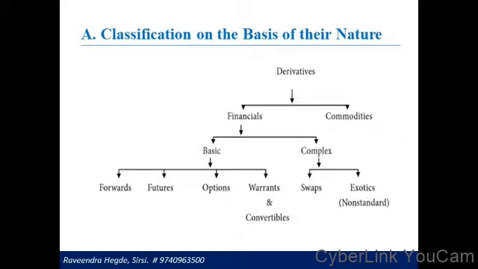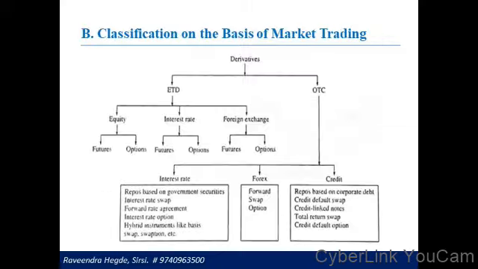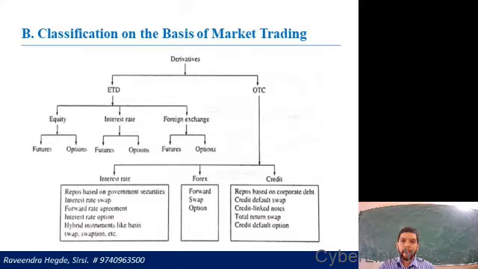See, we can also classify the derivatives on the basis of market trading. On the basis of market trading, the financial derivatives can be classified into two categories. That is exchange traded derivatives, in short called ETD, and over the counter derivatives, in short we call it OTC. ETD and OTC.